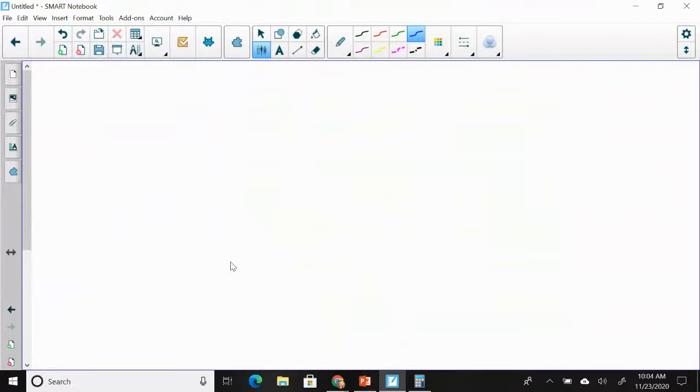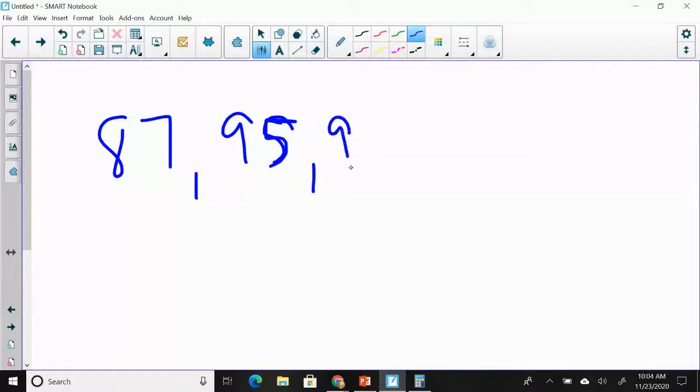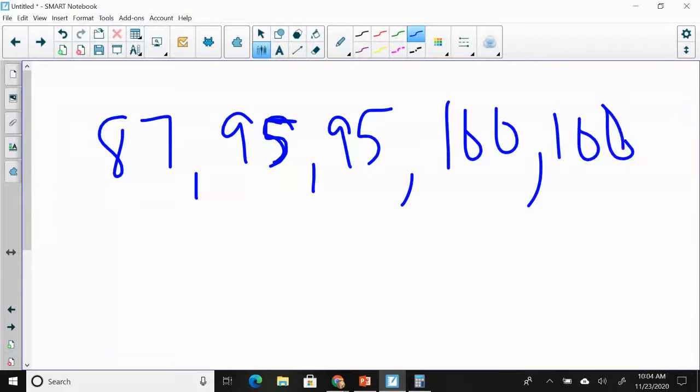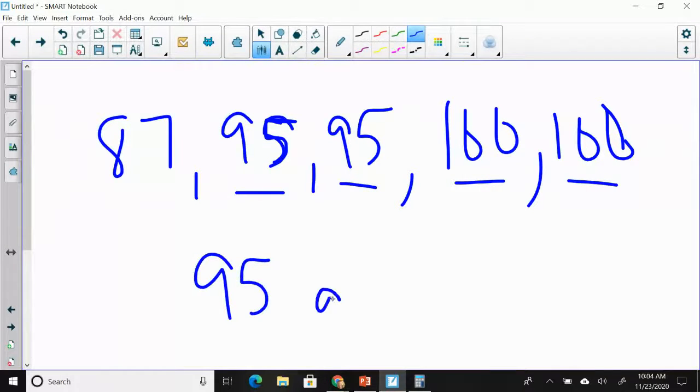If I had an 87, a 95, 100, and 100, I would have two modes. I have two 95s and I have two 100s. So 95 and 100 would both be the mode.